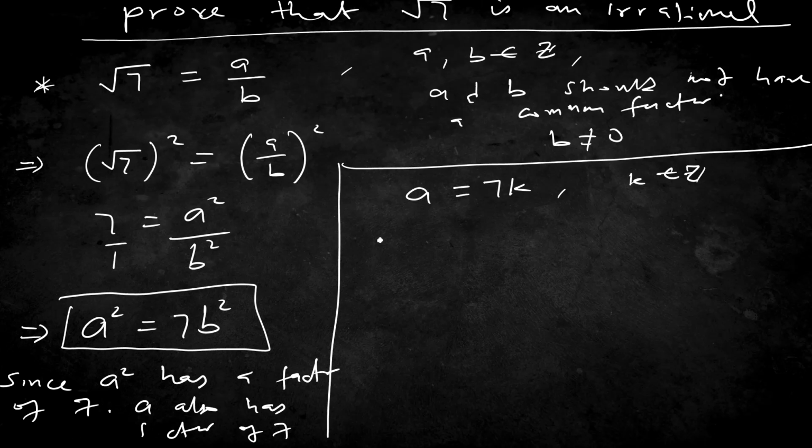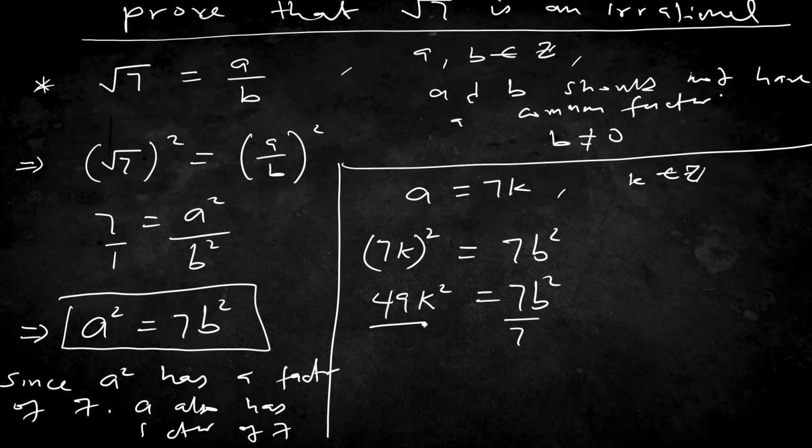So a is 7k, so 7k squared equals 7b squared. So we have 49k squared equals 7b squared. Divide both sides by 7. 7k squared equals b squared.